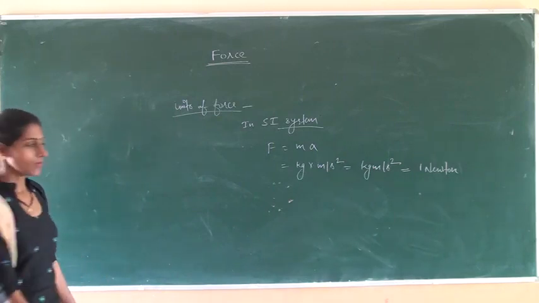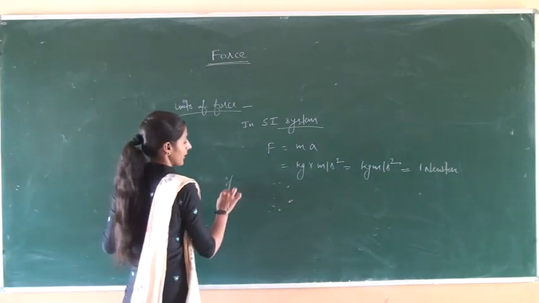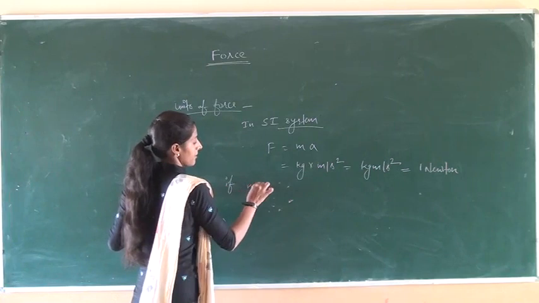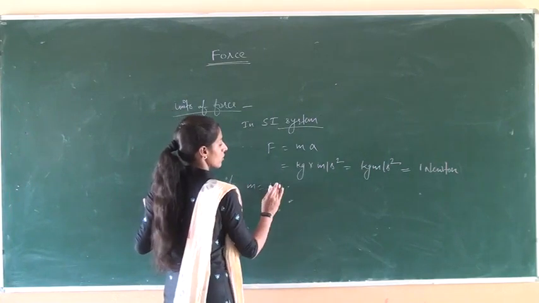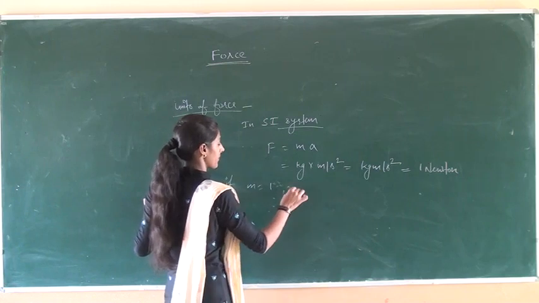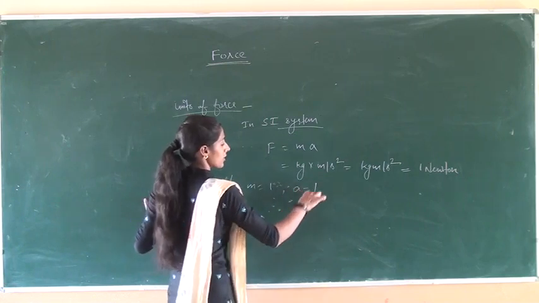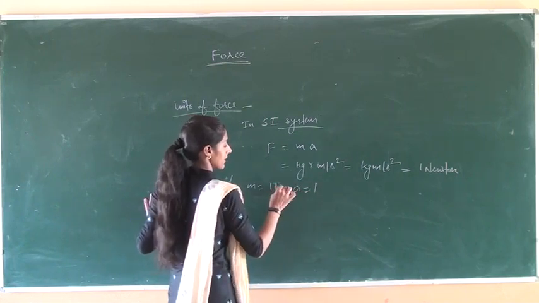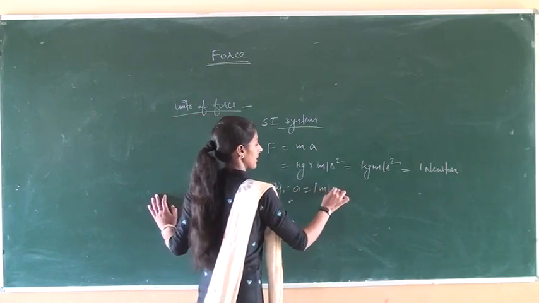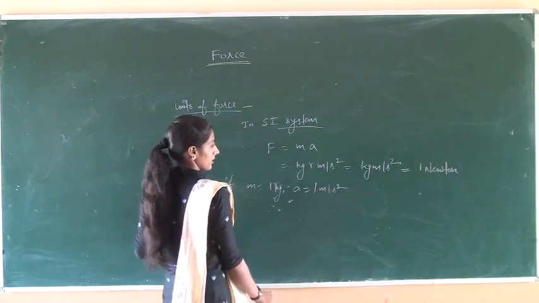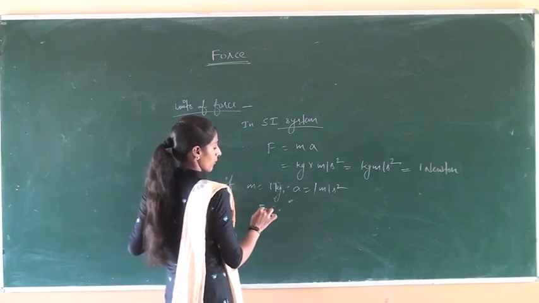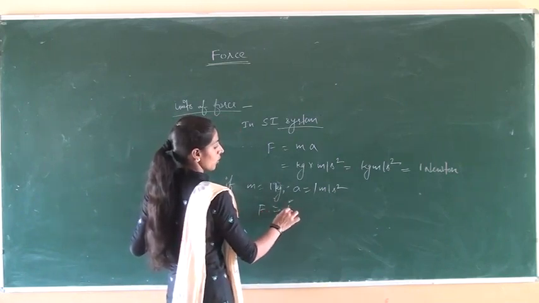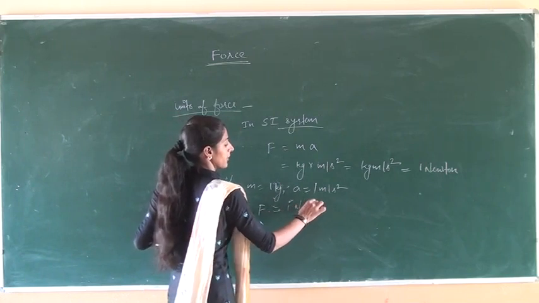Okay? So, if here our mass is 1 kg, acceleration is 1 meter per second square, then the force produced is equal to 1 Newton.